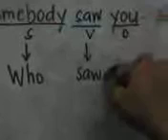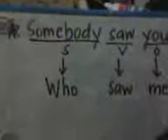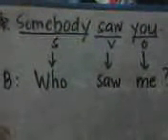If positive, also positive. If past, it's also past. And in this case, we're not going to copy you, of course. We're going to change it to this one. Because if A said, "Somebody saw you," then B is going to ask, "Who saw me?"